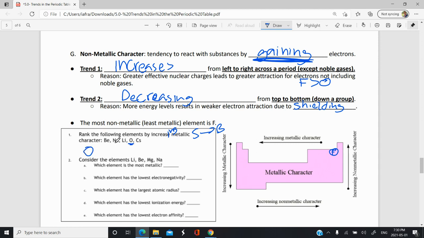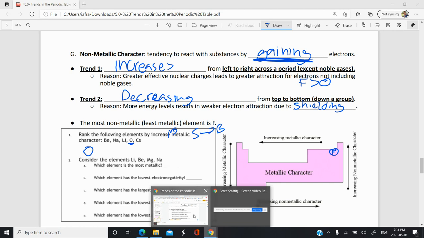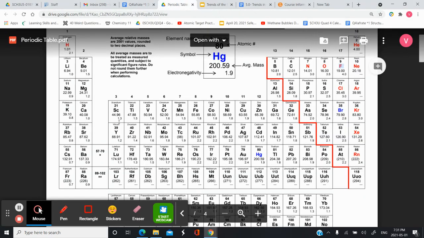Let's compare cesium, sodium, and lithium because they're all within the same group. Cesium's all the way at the bottom here, and lithium's at the top. So for metallic character, you want to lose electrons. There's more shielding at the bottom, so cesium is more metallic than sodium and lithium. Lithium would be the least metallic of these because it has a stronger hold, just because there are fewer shells.